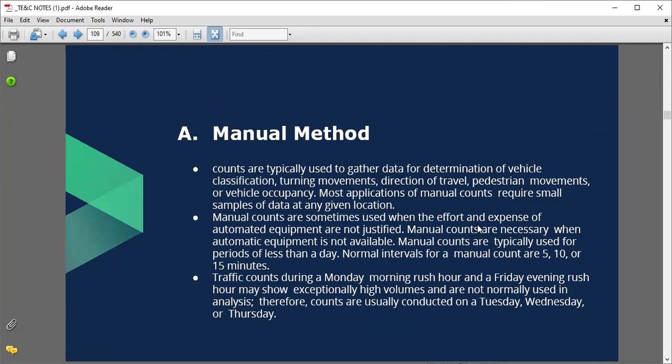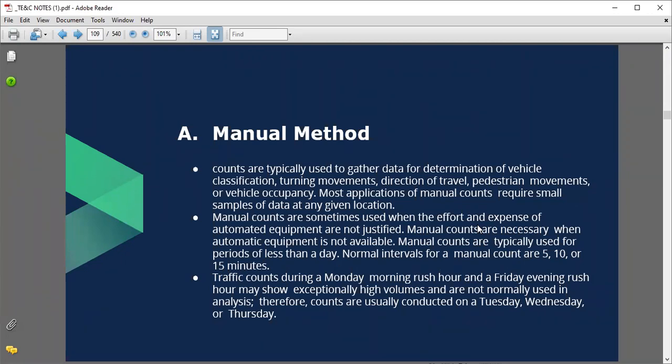So we'll move towards this. Counts are typically used to gather data for determination of vehicle classification, turning movement, direction of travel, pedestrian movements, or vehicle occupancy. Most applications of manual counts require small samples of data at any given location.